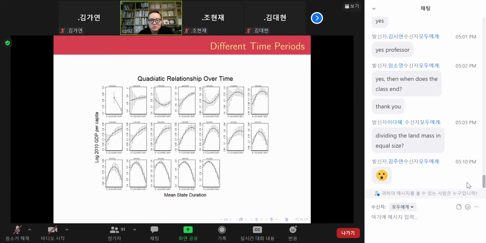Allow me to go over this graph before we move on to the next paper. So this one shows you how you can manipulate the data set that is created for this exercise. Remember how I said I'm going to look at how many state turnovers each grid cell experienced over the span of 2,000 years, right? So it's 0 AD to 2000 AD, 21 centuries in total.